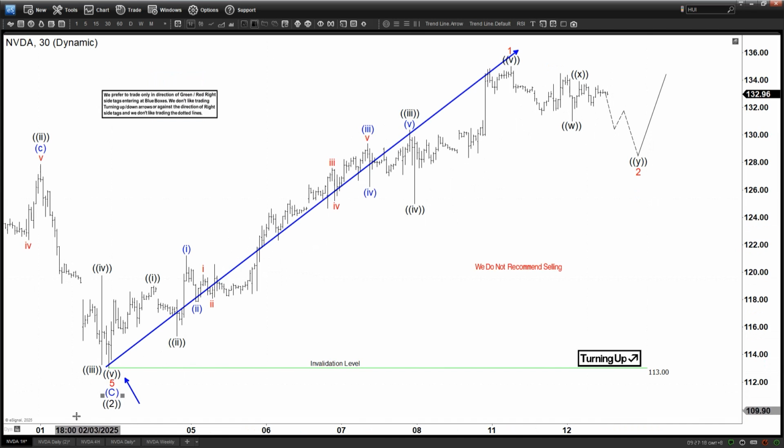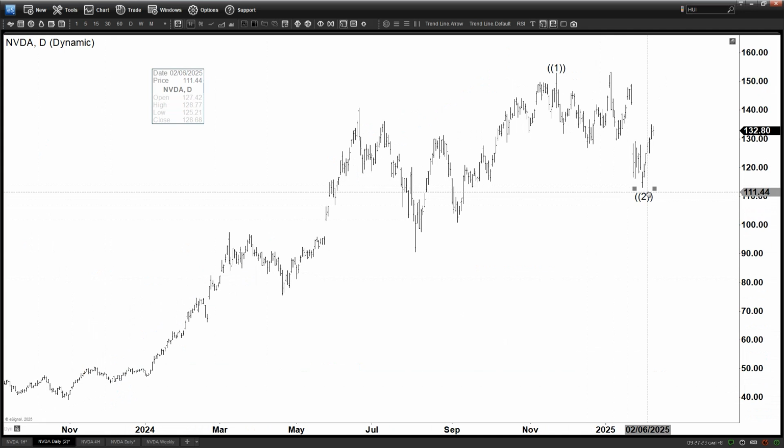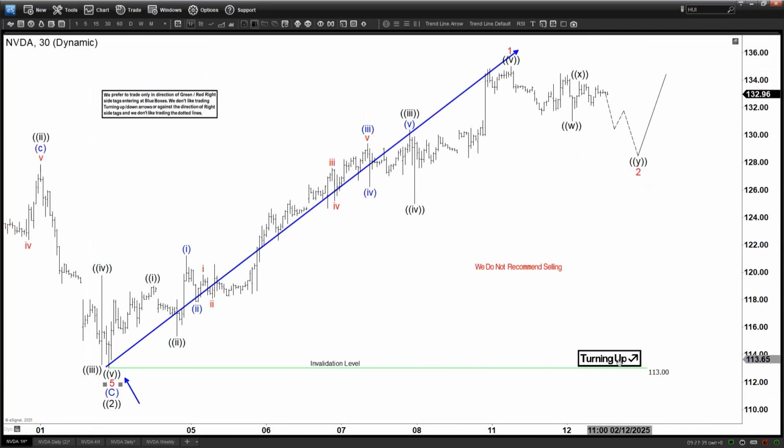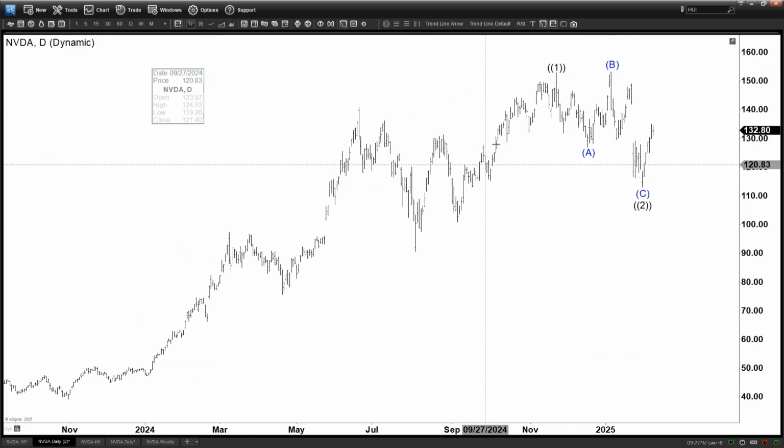So we got C here. This is in the form of an expanded flat, and that means we can see more upside in the next leg up, but that has to be confirmed by breaking above that previous peak, and that's why in the 1 hour the arrow is only turning up. So that's one way to think about it.